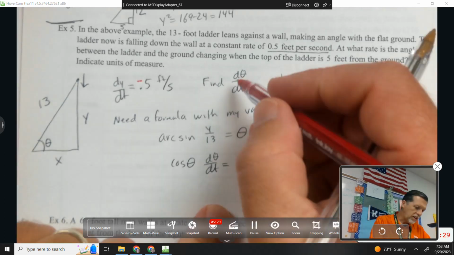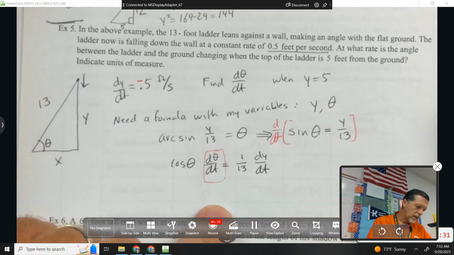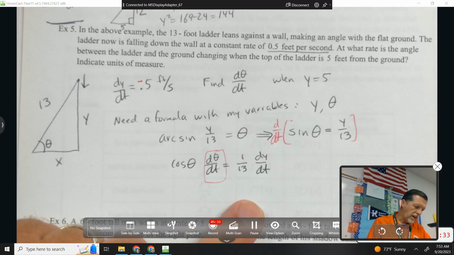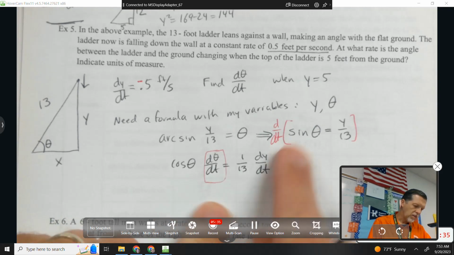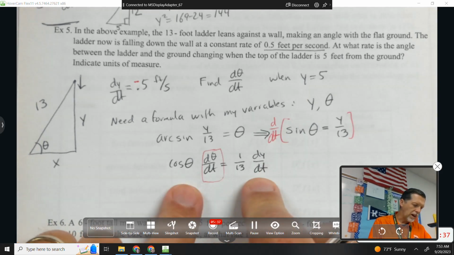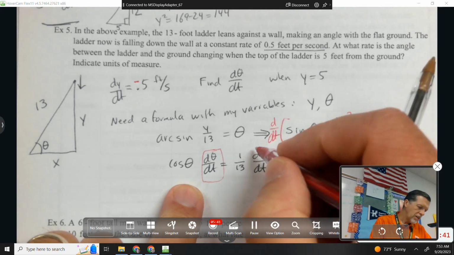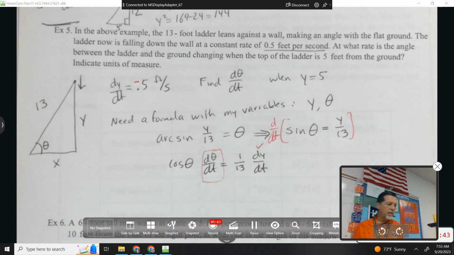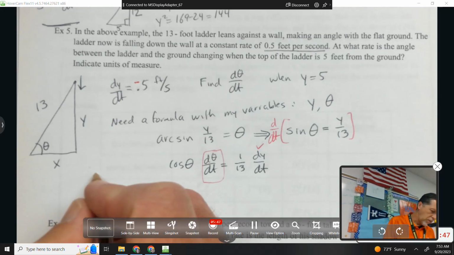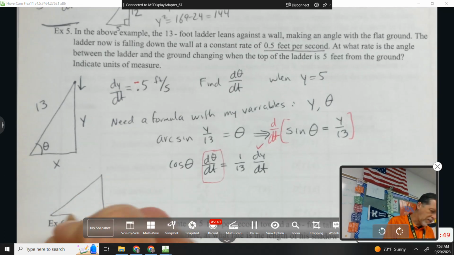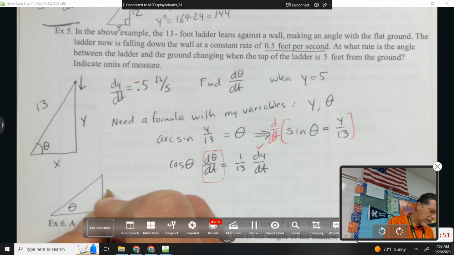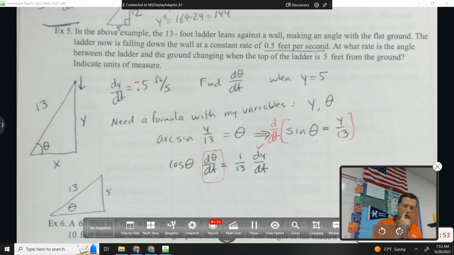Okay, find d theta/dt when y equals 5. That doesn't directly help me here yet. dy/dt I know. So I need the cosine of that angle when y is 5. So the hypotenuse is 13 and the opposite side is 5.